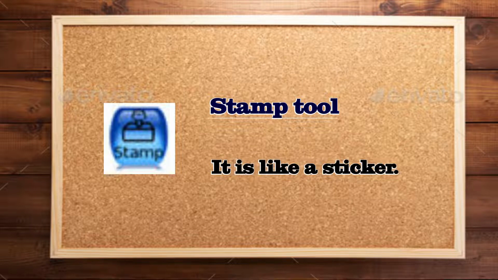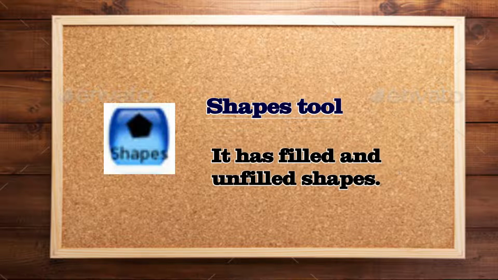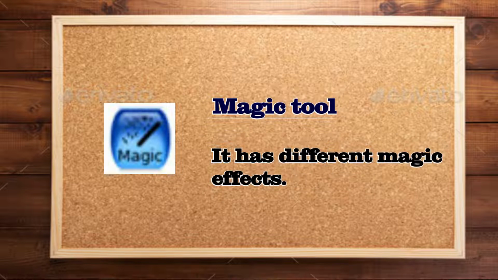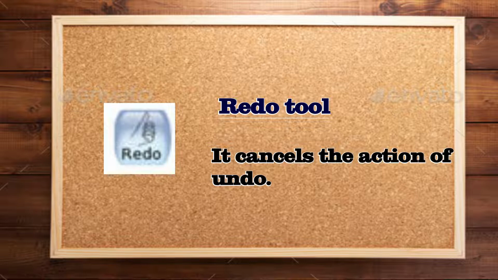By using this tool you can add wonderful pictures in your drawing. Shapes. Shapes has filled and unfilled shapes. Magic tool. Magic has different magic effects. Redo. Redo cancels the action of undo.